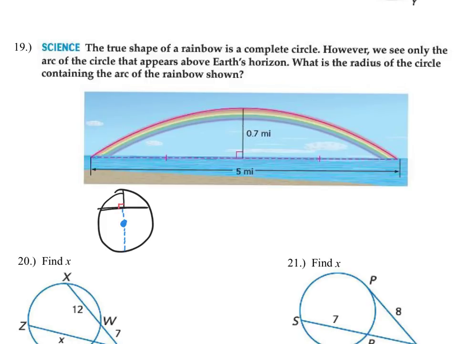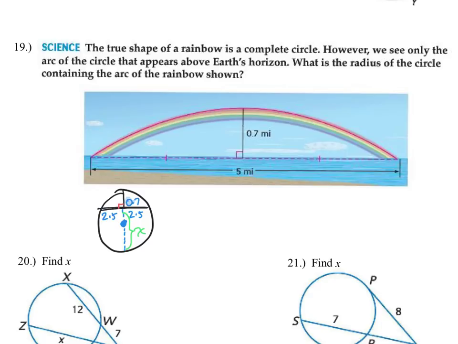So let's call this piece 2.5 miles, and this piece is 2.5 miles, okay? And then we know that part of the radius is 0.7, so let's label that 0.7. And then let's call this piece of the diameter x, okay?